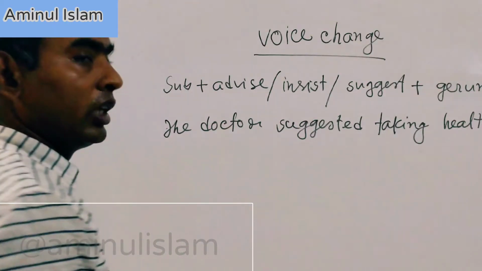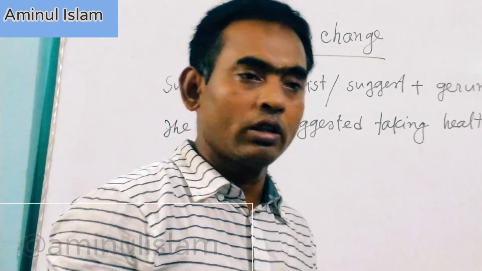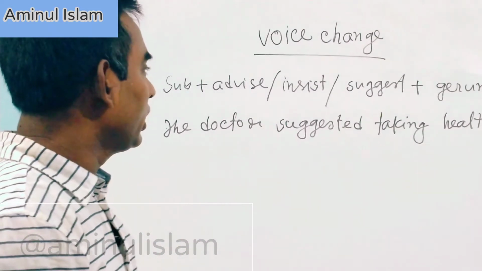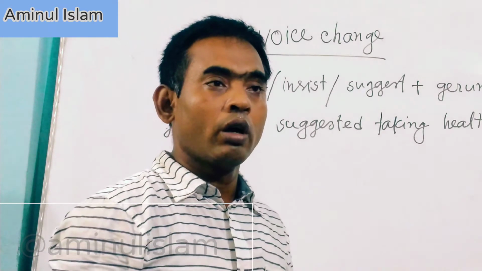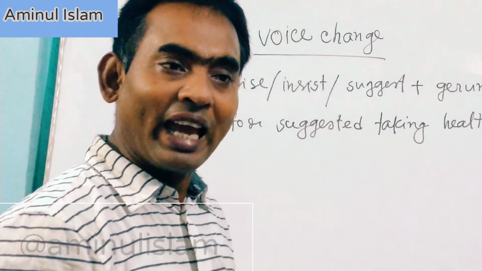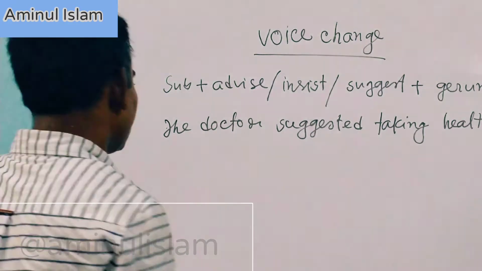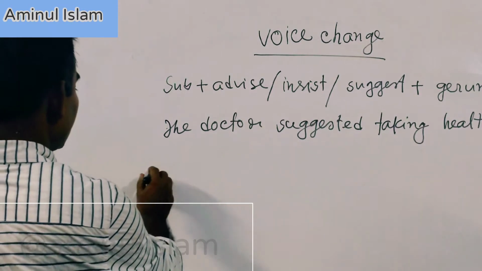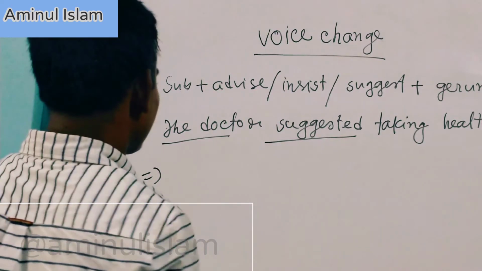Students, in the previous class, I gave you the definition of gerund. Today, I will give you the definition. When a verb with ing works as a noun or verb, it is called a gerund. In this case, subject and verb will remain unchanged.